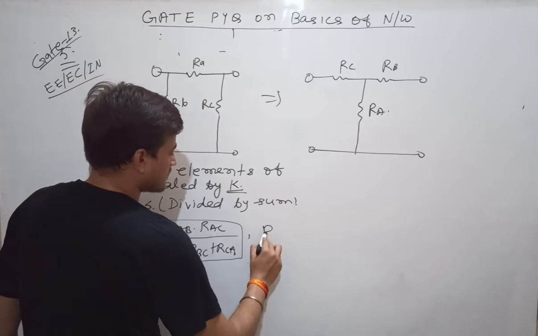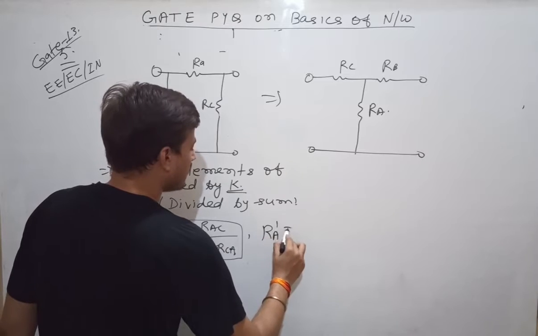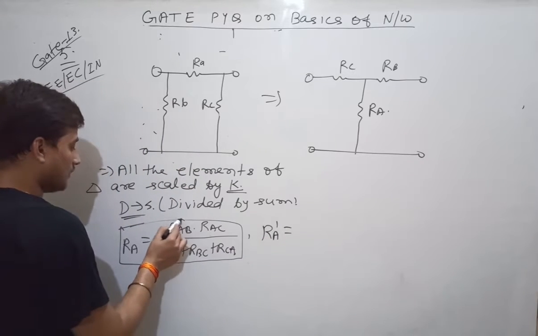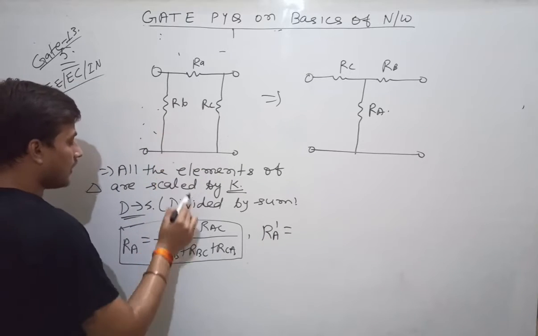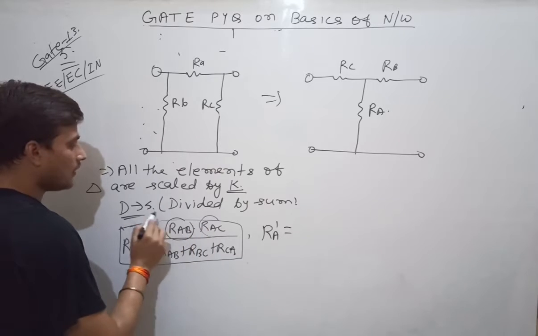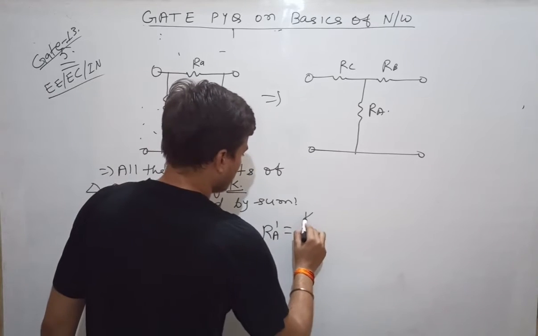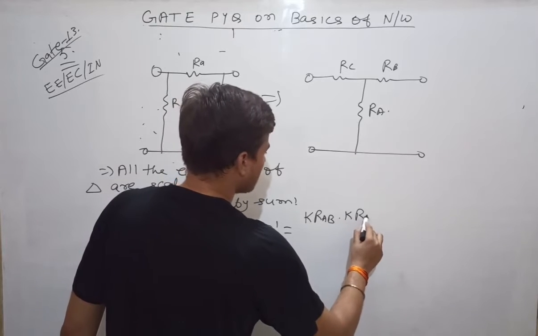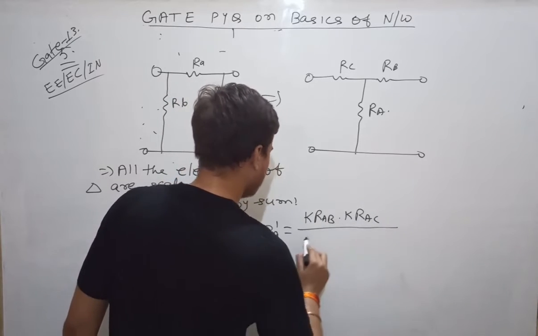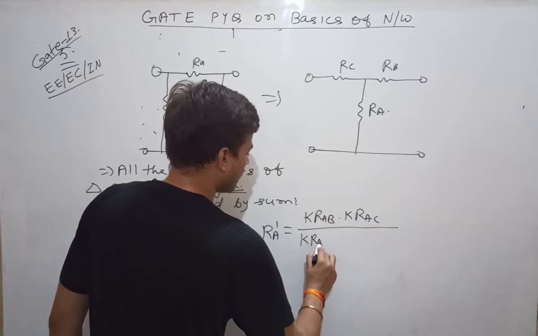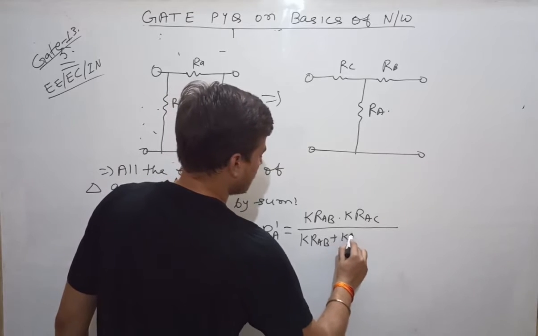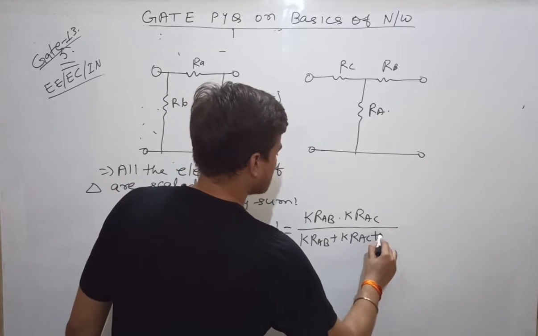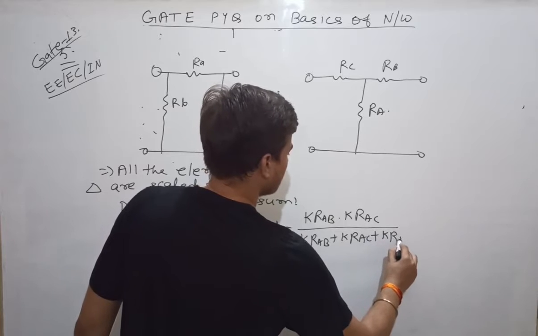Next, you have to calculate RA dash. The resistances of delta connection have been scaled by K, so KRAB into KRAC divided by KRAB plus KRAC plus KRBC.